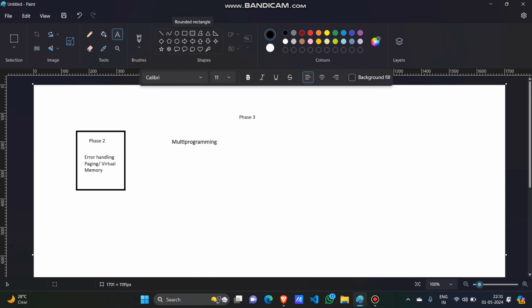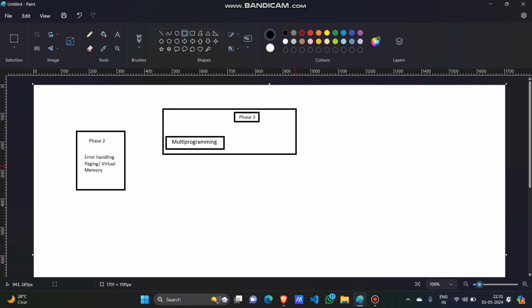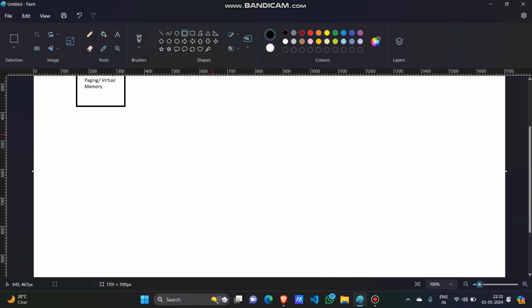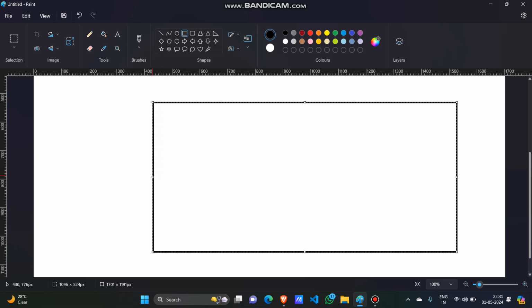If we would not have been able to figure out multi-programming, then it would have been impossible to further progress in operating systems. So let's see how phase 3 implements multi-programming, because we have seen that phase 2 has a lot of advancements, but phase 3 is a step ahead of it.